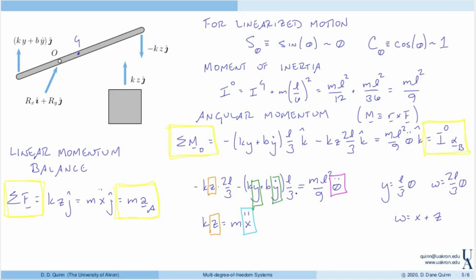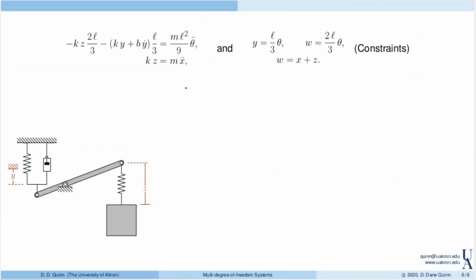And so now I have 1, 2, 3, 4, 5 equations and 5 unknowns, including this new unknown w that's here in the constraint terms. So here I've rewritten those equations in a nice clean form, and now we can choose any 2 set of independent coordinates to find the equations of motion. So let's choose y and z.